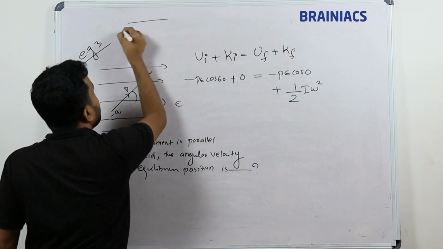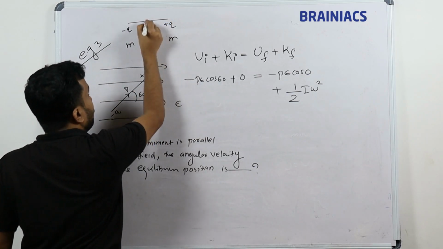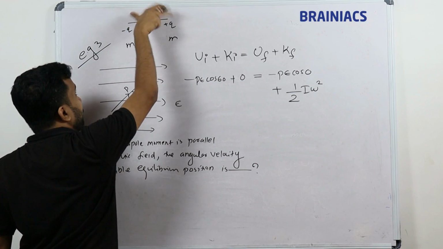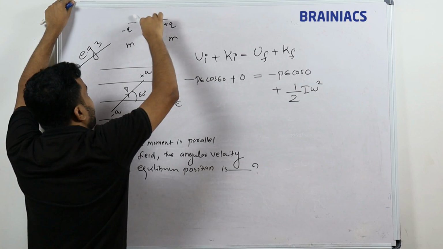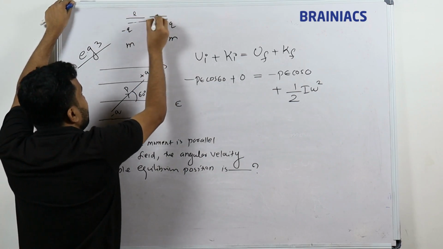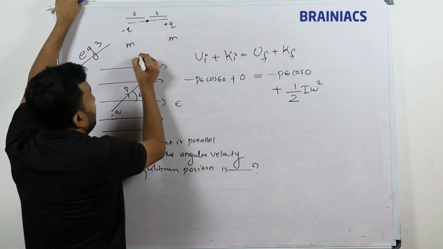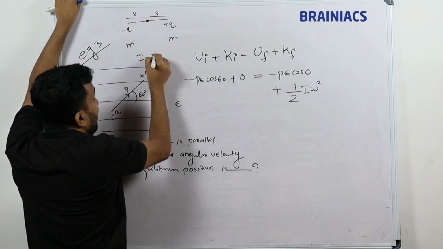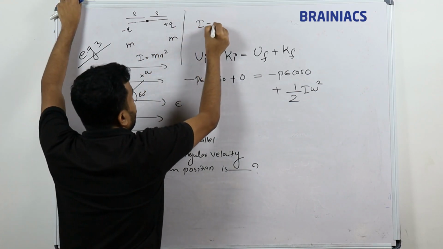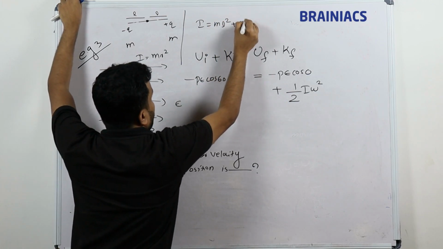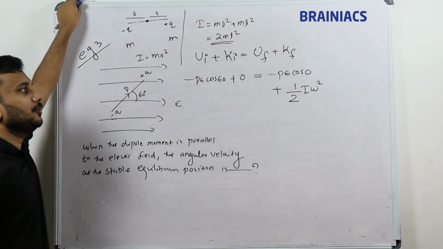Assume the charges minus q and plus q have mass m, and the distance between them is 2l. It rotates about the center, so the center remains the same. Each charge is L distance away from the center. The general formula is mr square, but here there are two charges: ml square plus ml square. So the total moment of inertia is 2ml square, where m is for one charge.